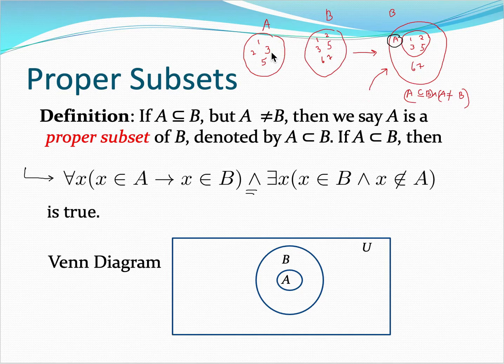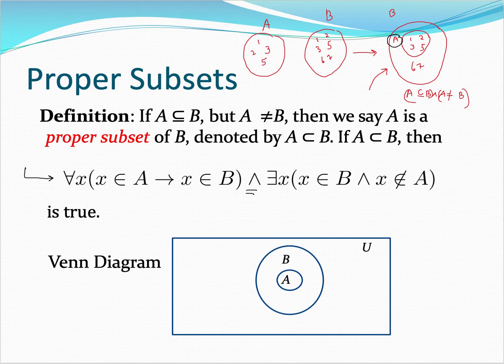If we combine these two sets, we get this Venn diagram. Here we can say that A is a proper subset of B, because all elements in A exist in B, but there are some elements in B that do not exist in A.